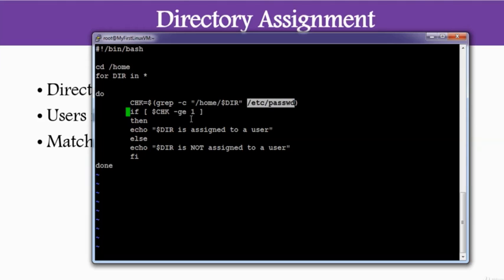If it finds even one match, if chk is greater than 1, if this variable returns anything more than 0, then echo directory is assigned to a user. If it is below 1, then else, directory is not assigned to a user. And fi and done.